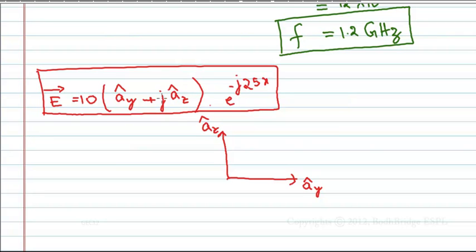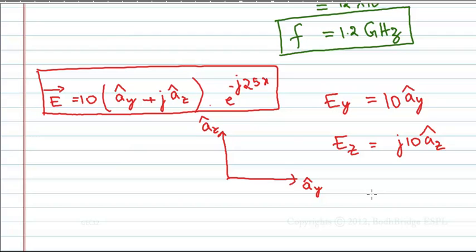The z component is 90 degrees ahead of ay, meaning ay is at 0 and az cap is at 90 degrees because of this j component. And what is Ey? That is the component along the y direction, that is 10 ay cap. And Ez has j times 10 az cap.